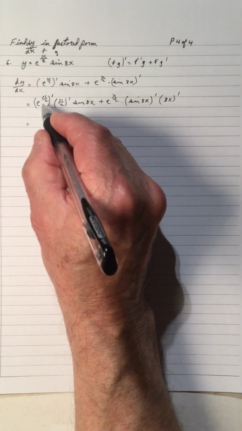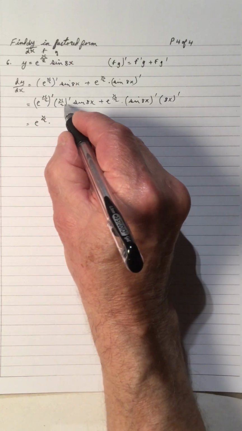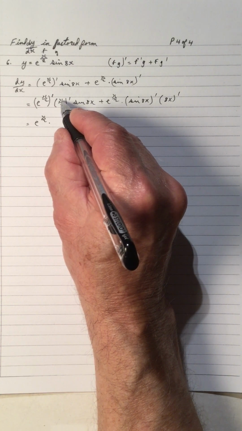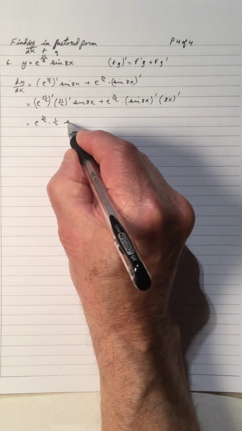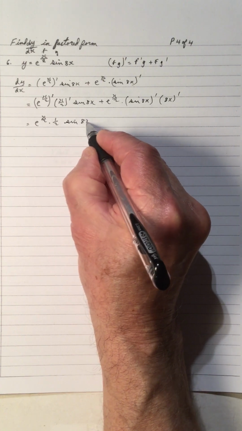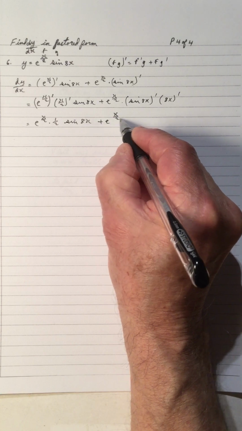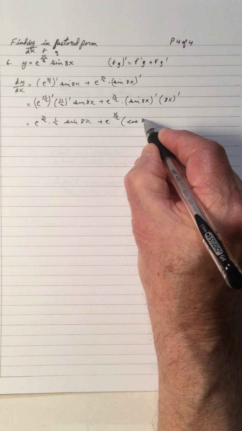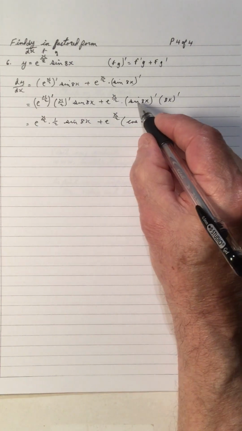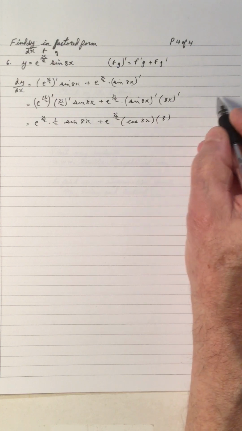The derivative of e to the x over 2 is the same. The derivative of x over 2 is a half, so it just becomes a half, sine 8x, e to the x over 2. The derivative of sine is cos of 8x. Keep the same angle. The derivative of 8x is 8.